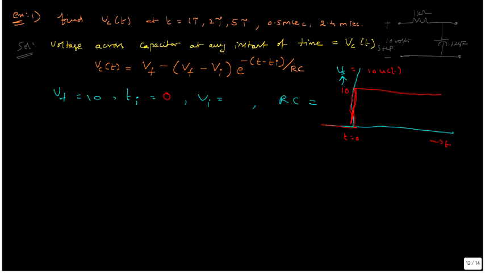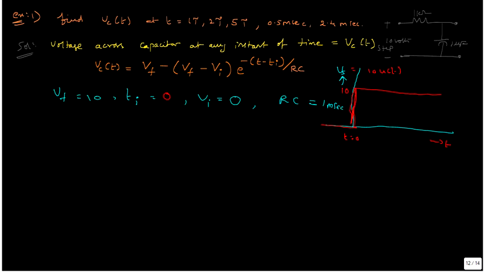So the capacitor is uncharged. So Vi is 0. And RC, the product of R into C, 1 kilo ohm into 1 microfarad, is equal to 1 millisecond.